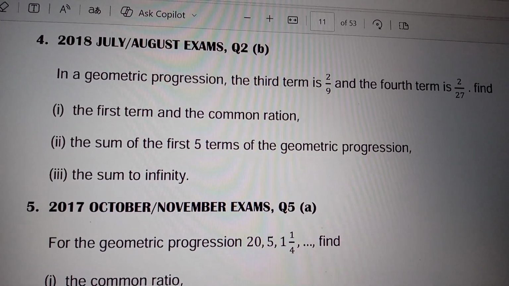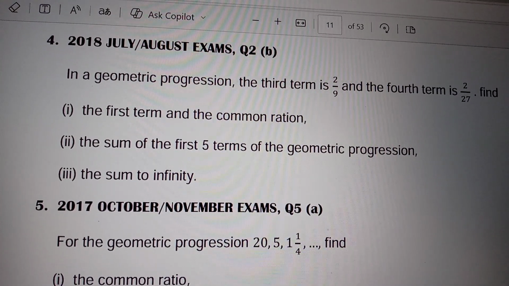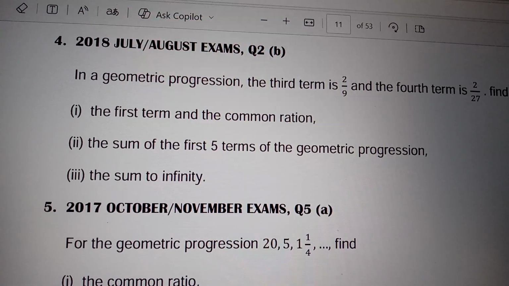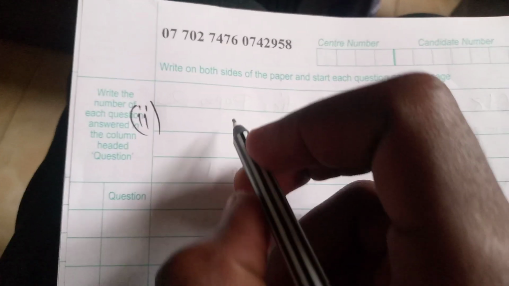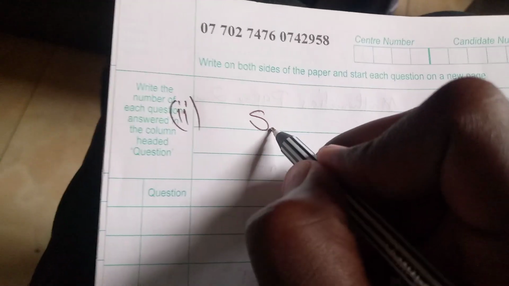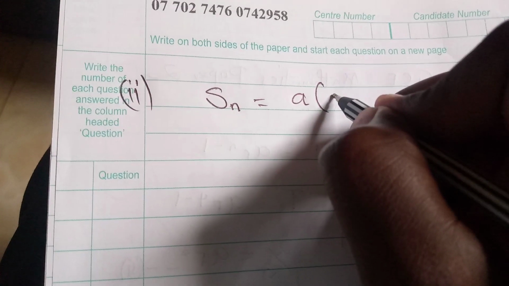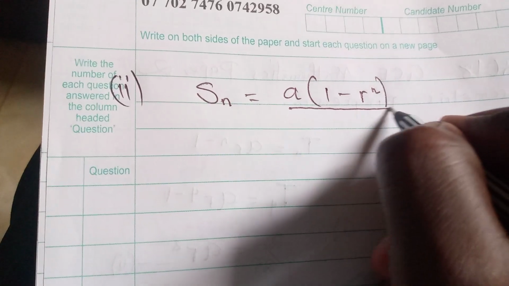The second question says find the sum of the first 5 terms of the geometric progression. There are two formulae for calculating the sum of a GP. The first one: sum of the GP is equal to first term times 1 minus r to the power n over 1 minus r.